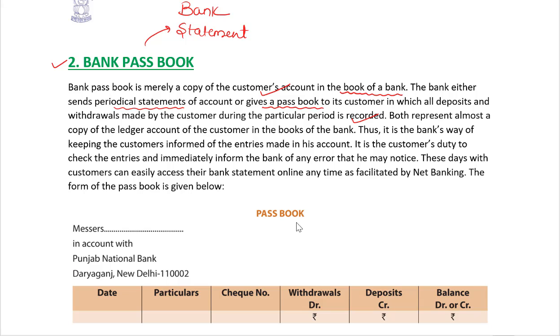Both represent almost a copy of the ledger account of the customer in the books of the bank. Thus, we can say that it is the bank's way of keeping a customer informed of the entries made in his account. It is the customer's duty to check the entries and immediately inform the bank if there is any error in the entry that has been made by the bank.